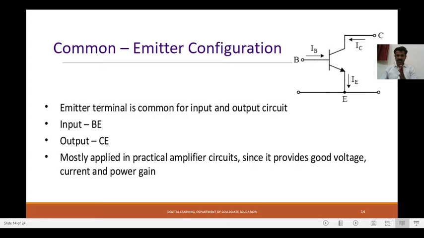So it has a very good gain in this configuration, hence it is the most commonly used circuit. The other one can be used for switches and this one for amplifiers. Hence the different configurations are helpful.